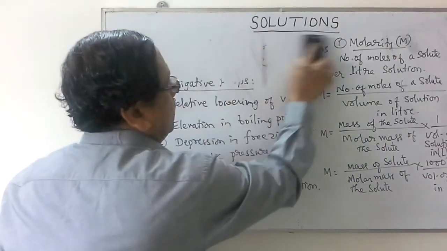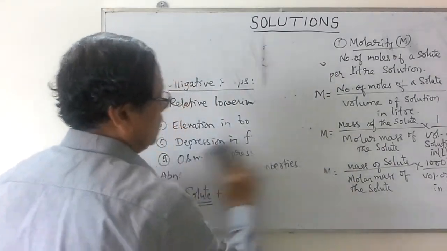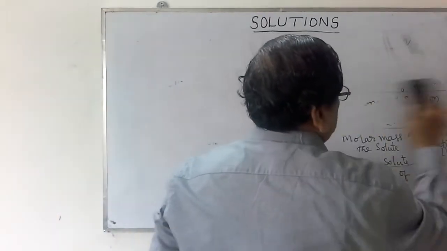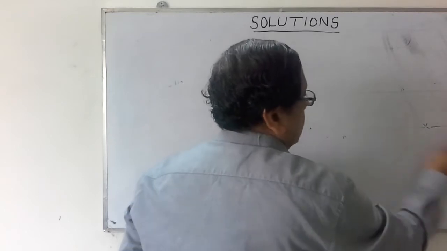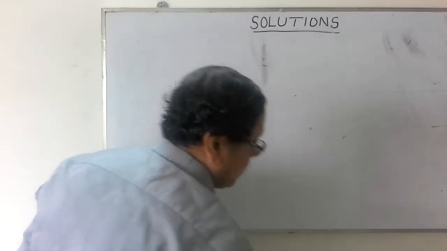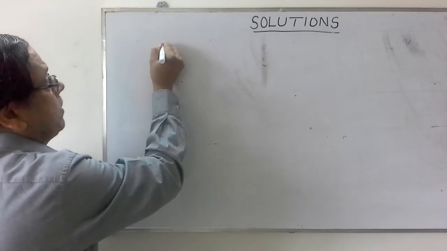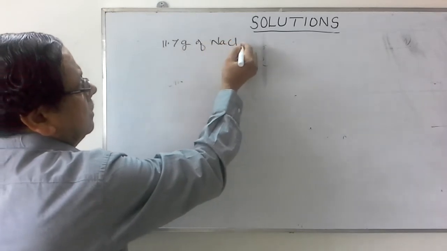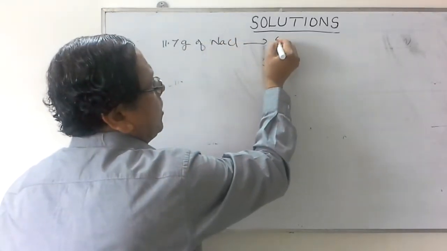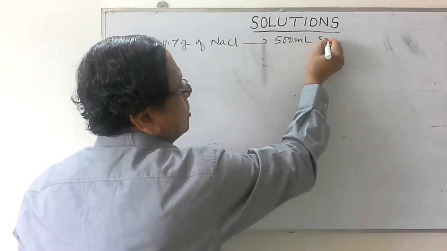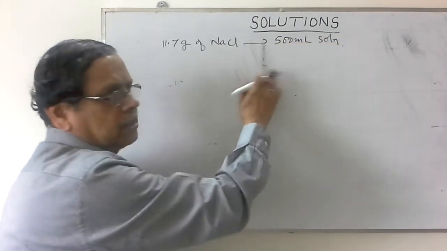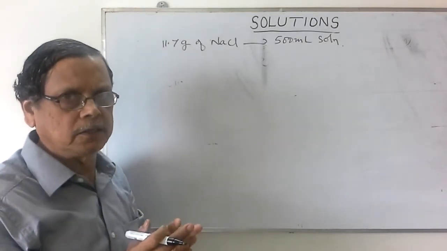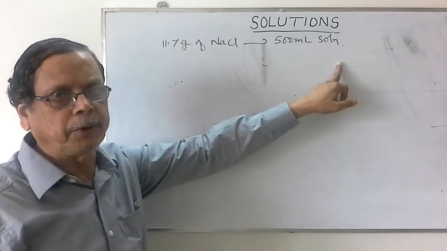Suppose you want to calculate the molarity of a particular solution, then we can use these equations. For example, assume that you are given 11.7 grams of sodium chloride dissolved in, say, 500 milliliter of solution.